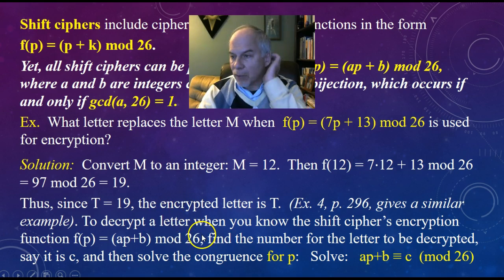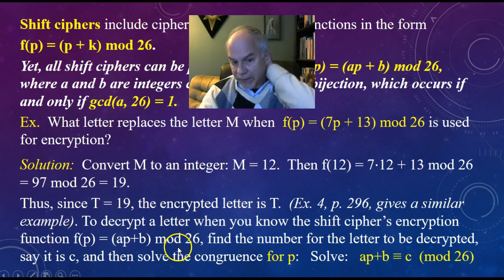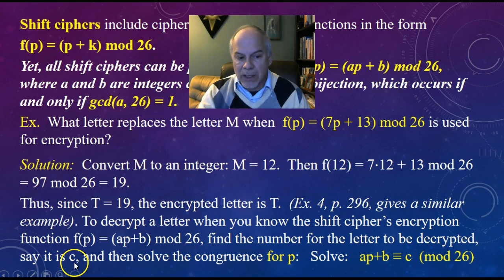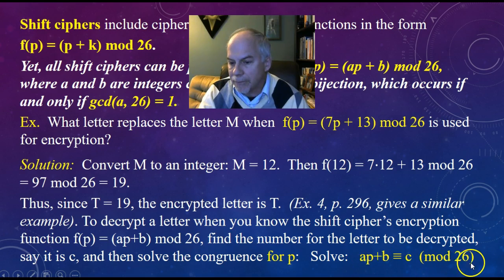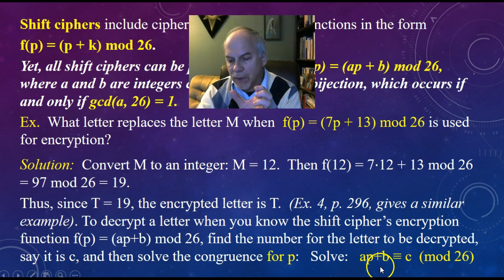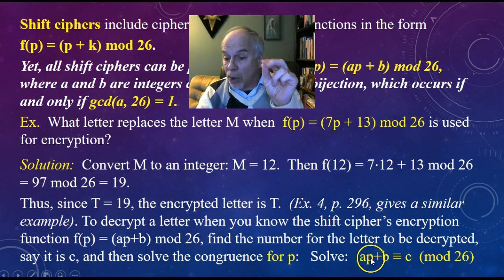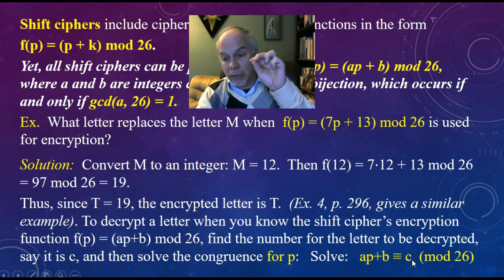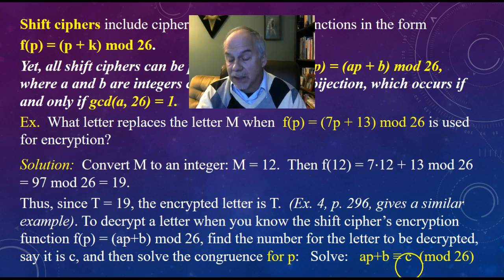Now, to decrypt a letter, when you know the shift cipher encryption function, you have to find the number for the letter to be decrypted. So, say it is C, we would have to basically solve this congruence right here, because this is the encryption formula, and we're trying to find what is the P that will cause that when we multiply A times P and add B, that will get the encrypted letter C, or the ciphertext letter C. So we've got to solve that linear congruence.